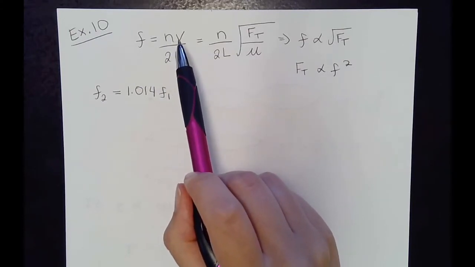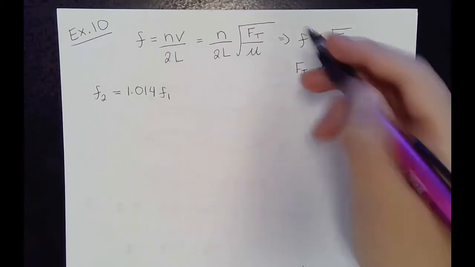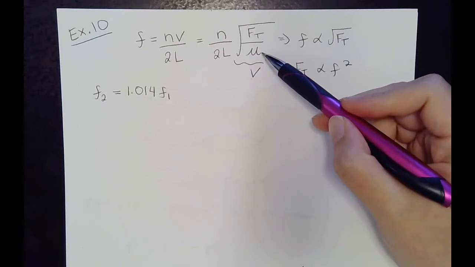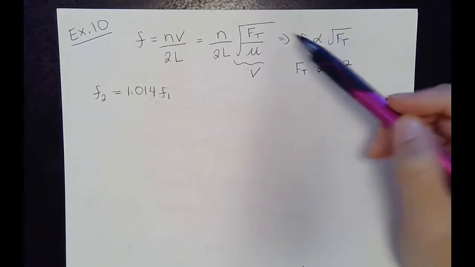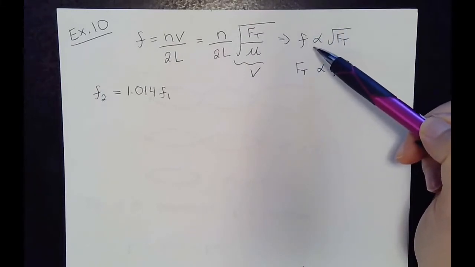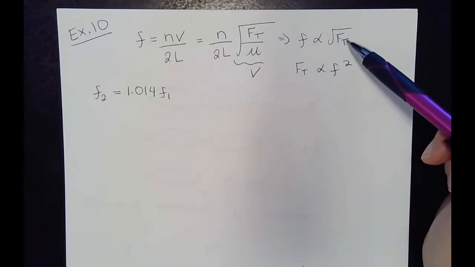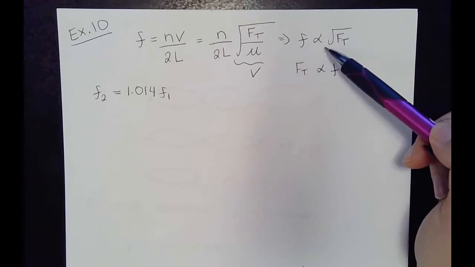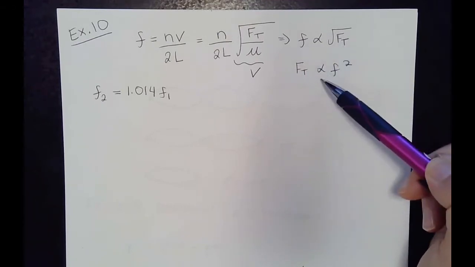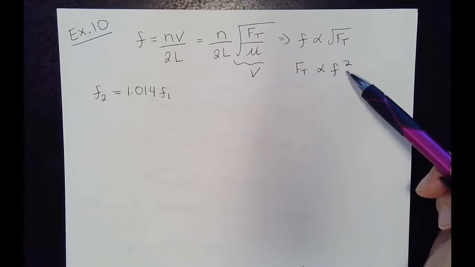Since it's a string, we still have the wave speed on a string here, which is root F_T over mu. So plugging that in, all other factors are constant. n will be constant, L, mu. So we're just looking at f and F_T, and we see that the frequency is proportional to the root of the tension. Or we could write that the tension is proportional to the frequency squared.